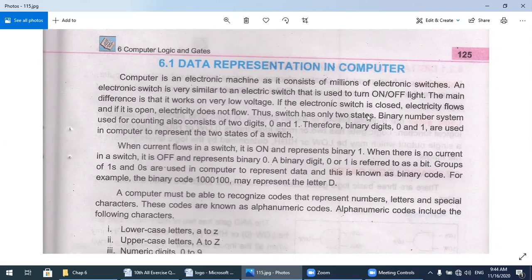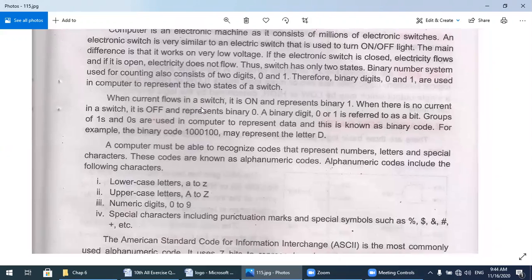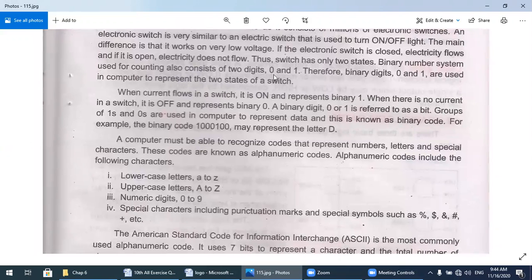The switch has only two states. As you know, every button has two states, either on or off. So on represents 1 and off represents 0. The binary number system used for counting also consists of two digits, 0 and 1. Therefore, binary digits 0 and 1 are used in the computer to represent the two states of a switch.